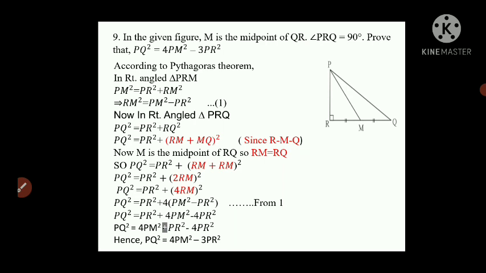So PQ square remains the same is equal to 4 PM square remains the same. Now plus PR square means plus 1 PR square minus 4 PR square. So 1 minus 4 will be minus 3. Hence it is proved.